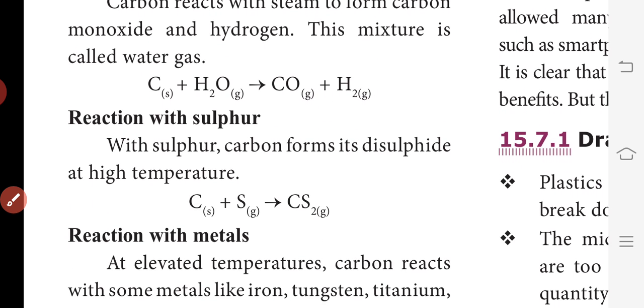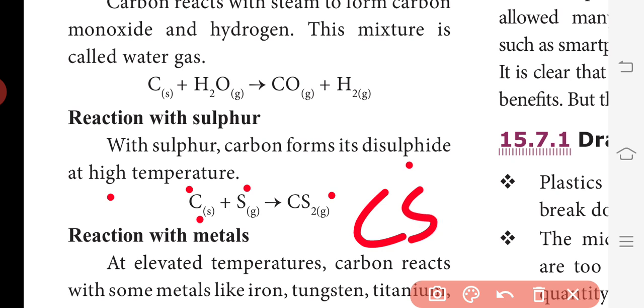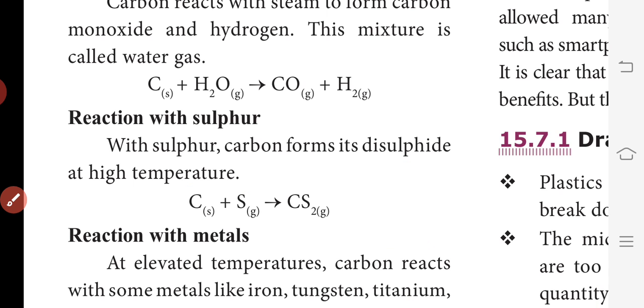Then the reaction with sulfur. With sulfur, carbon forms its disulfide, at high temperature. So carbon plus sulfur gives carbon disulfide, CS2. Di means 2, disulfide. Then the reaction with metals.